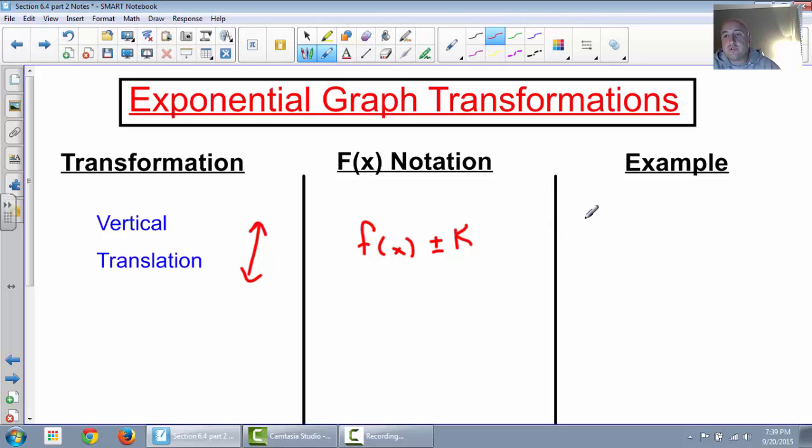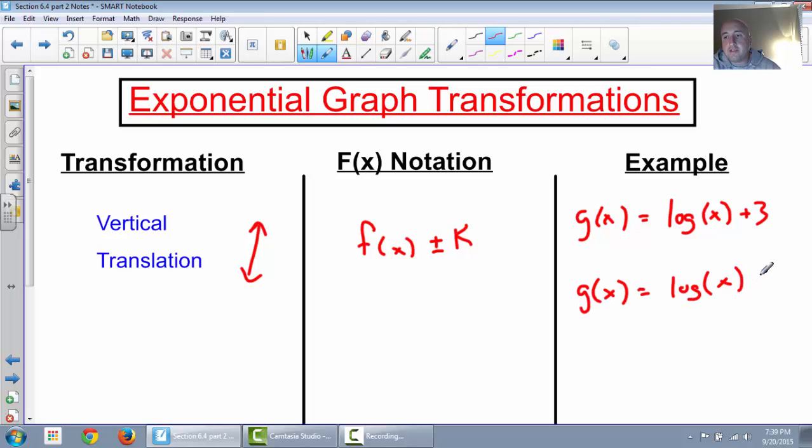So for example, we have log of x plus 3, or we have log of x minus 6. Okay, so those two things do two totally different things. So the first one, we have this plus 3, that's going to go up 3. And the minus 6 is going to go down 6. So if we want to write this, a positive k will go up, and a negative k will go down. Okay, so that's all you have to remember for those.